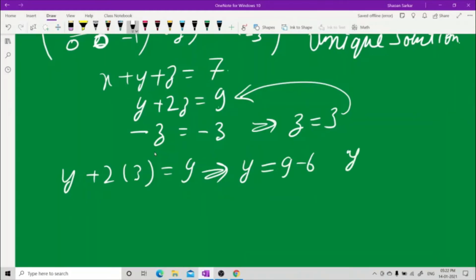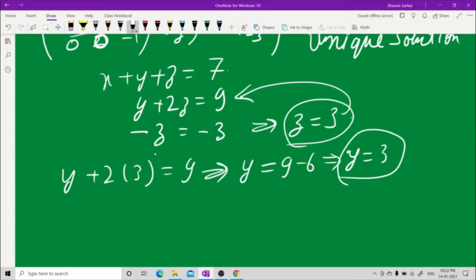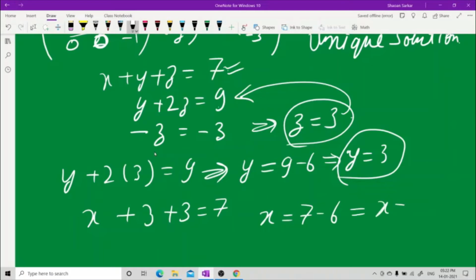Now put these two values in equation 1. So x plus 3 plus 3 is equal to 7. That means x is equal to 7 minus 6. This gives you x equal to 1.